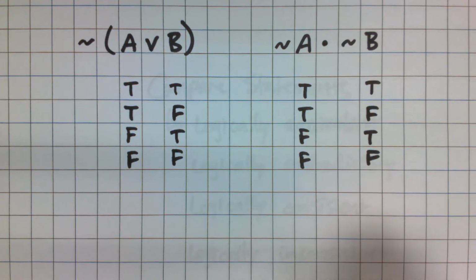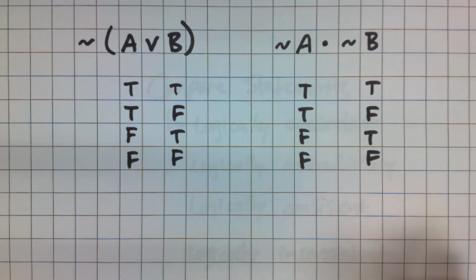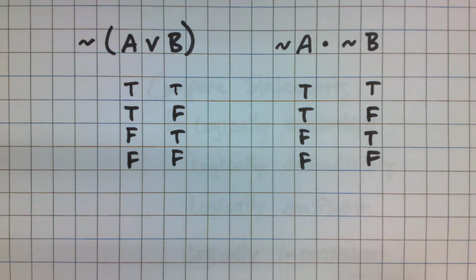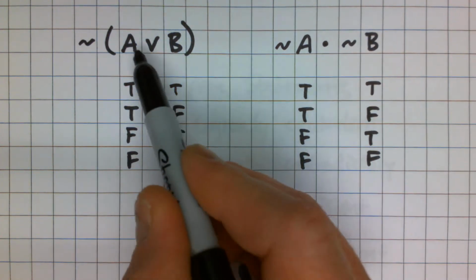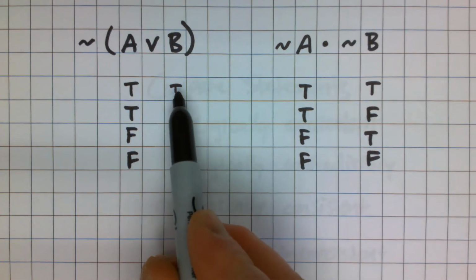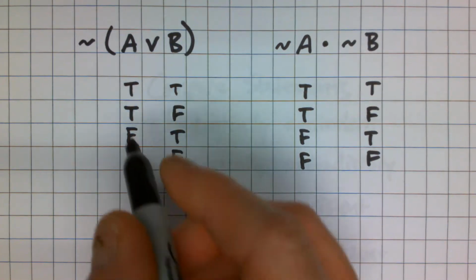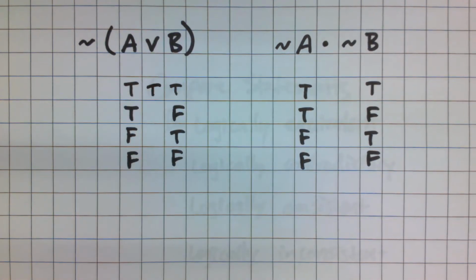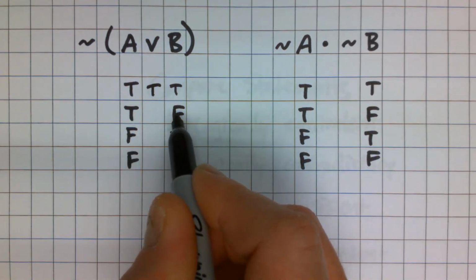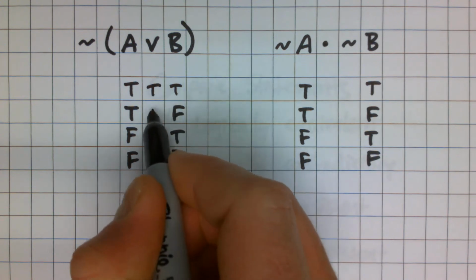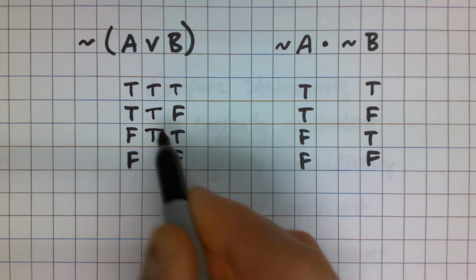I can now go through and, using the truth functional relationships, assign my truth values for the logical operators. So let's start with this statement. If A is true and B is true, then the claim A or B is also true. If A is true and B is false, the claim A or B is itself true. Same with this one.